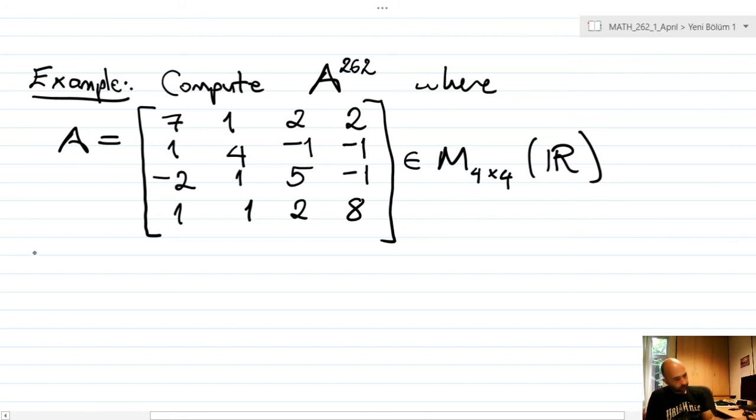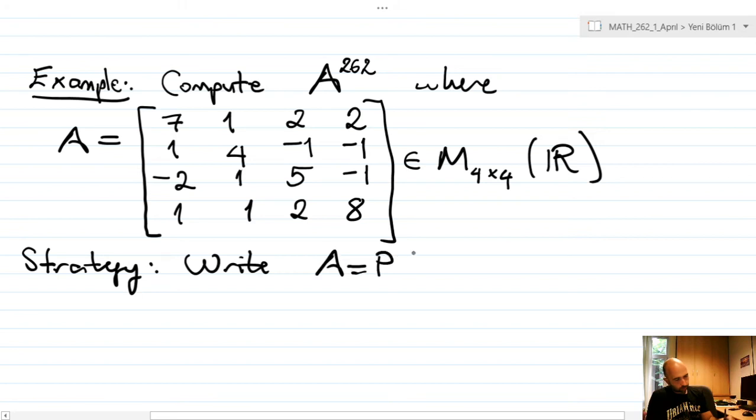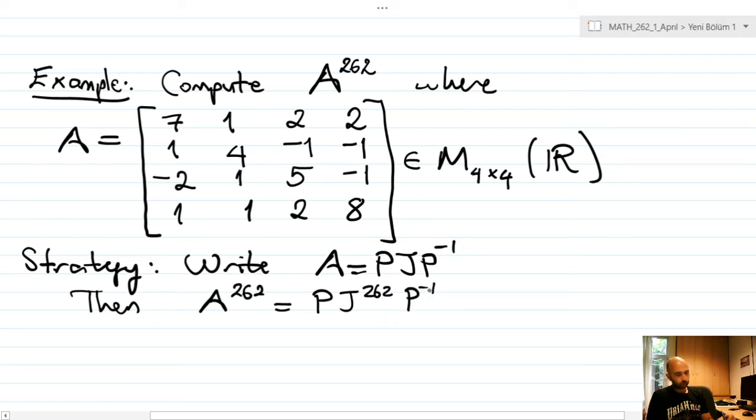The strategy is to write A equals P J P inverse, where J is in Jordan form and P is invertible. Then A to the 262 will just be P J to the 262 P inverse. We know how to compute J to the 262, so we'll be done.